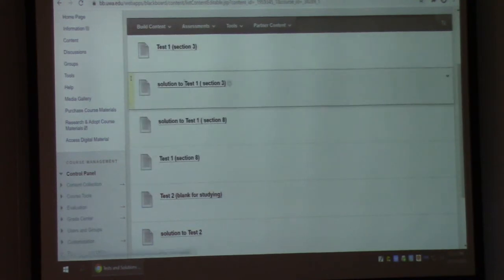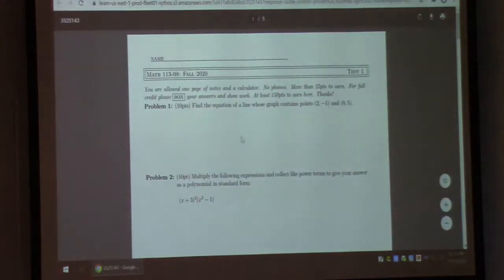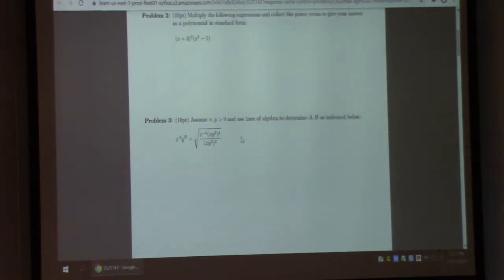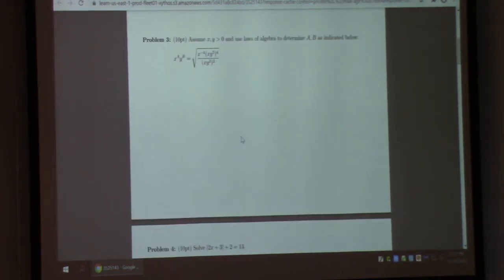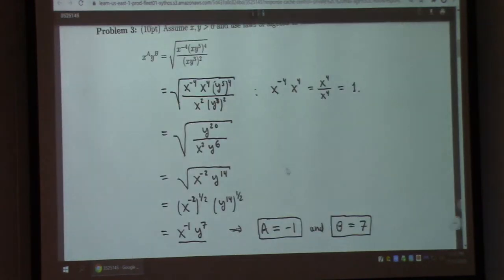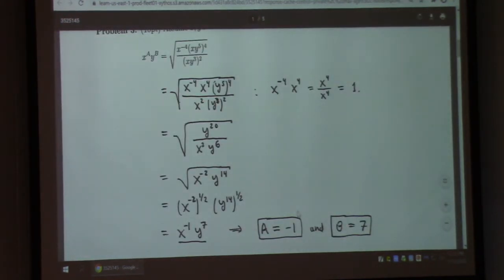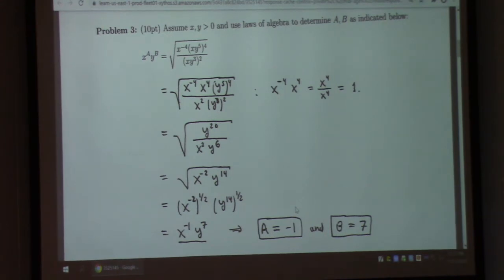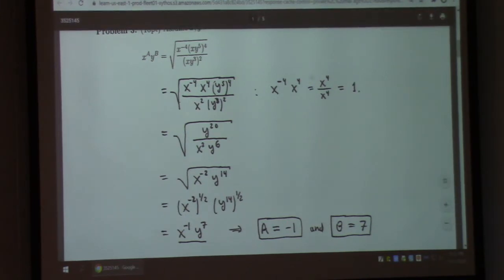So test 1, section 3, here's the test without work on it, right? So either cover up my solution or look at this, copy the problem down, try to work it out for yourself, and if you don't get this answer, then you need to figure out why you didn't, and you need to try to fix that, right? The final exam will be similar to tests 1, 2, and 3, and like I said, possibly quizzes 1, 2, and 3. So if you can understand how to fix your errors, you should have a good shot at really doing well in the final.